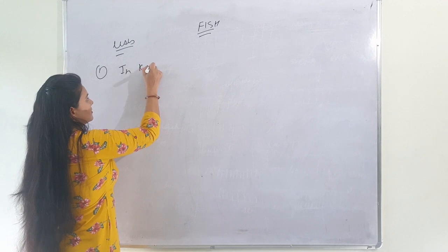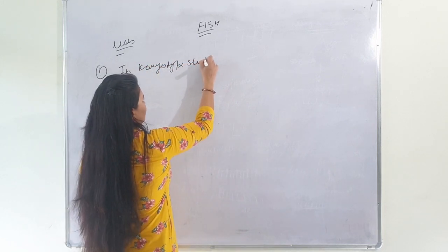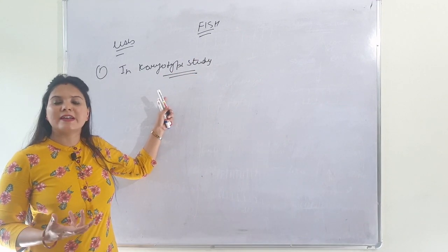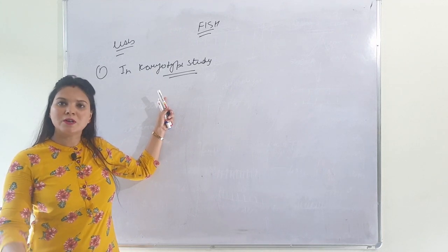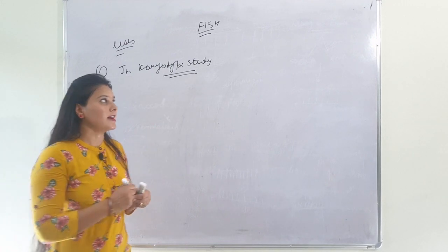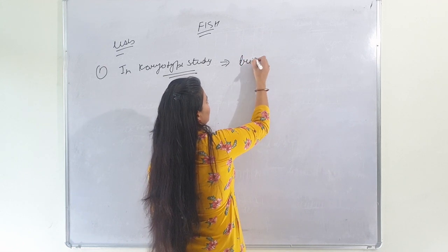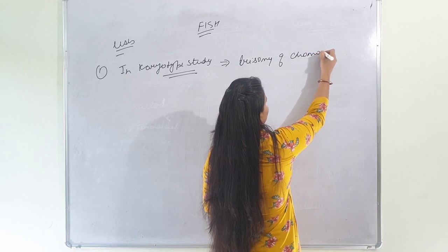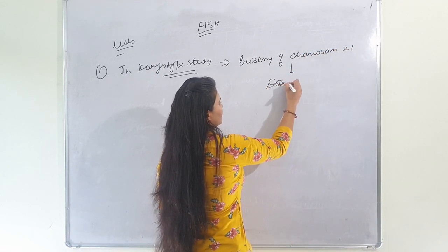In karyotype study, we can detect either an addition or a deletion of a particular chromosome in the total karyotype of an organism, like trisomy of chromosome 21, which is called Down syndrome.